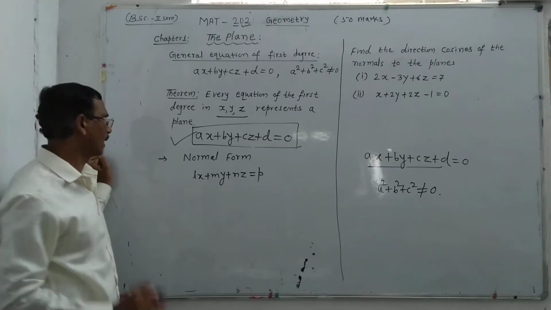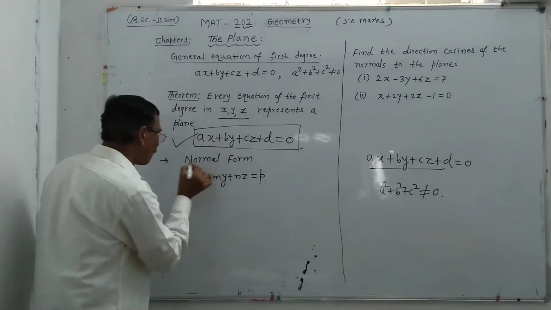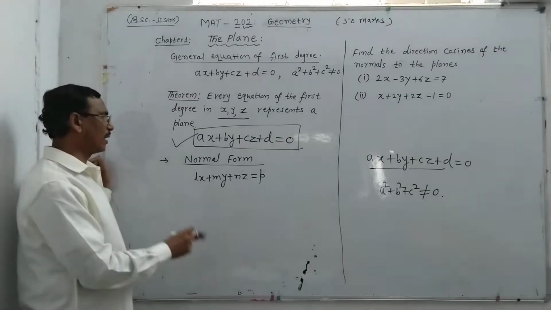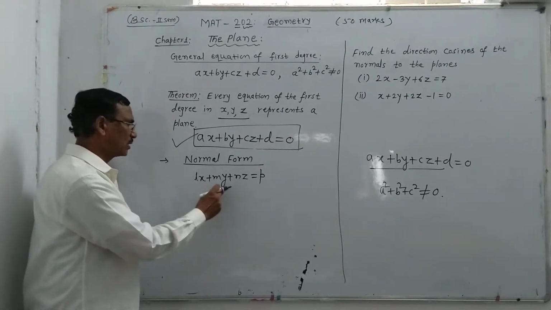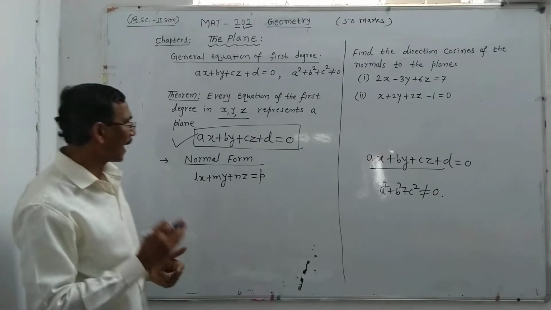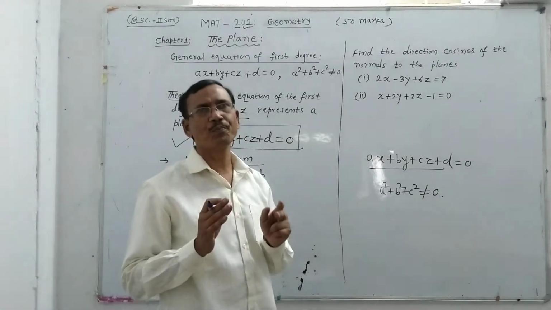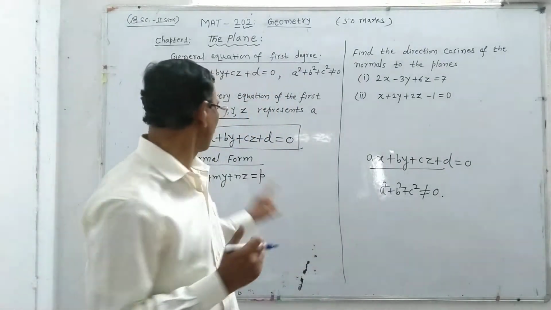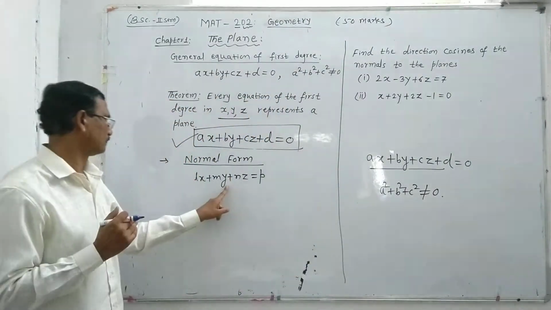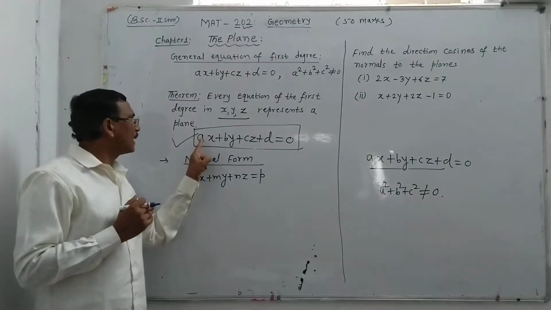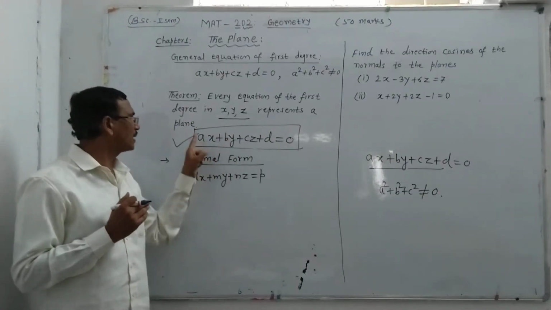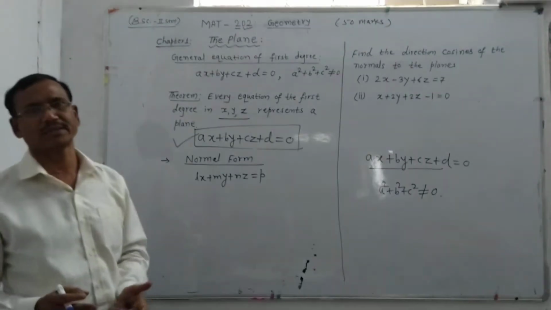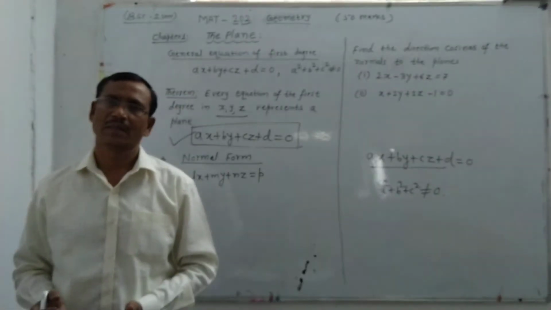The equation of plane can also be written in normal form, and it is lx plus my plus nz equals p. Okay, this is the equation in normal form. Now, in the general equation, a, b, c and d are any real numbers.